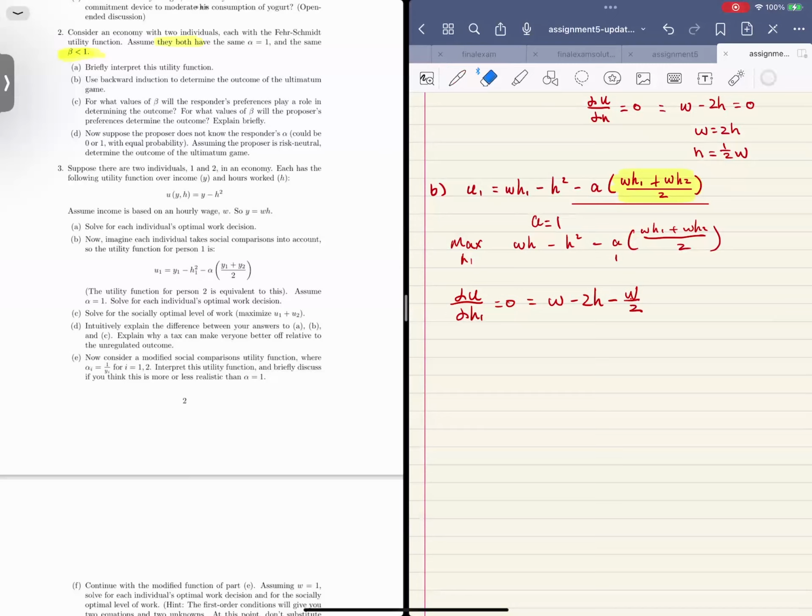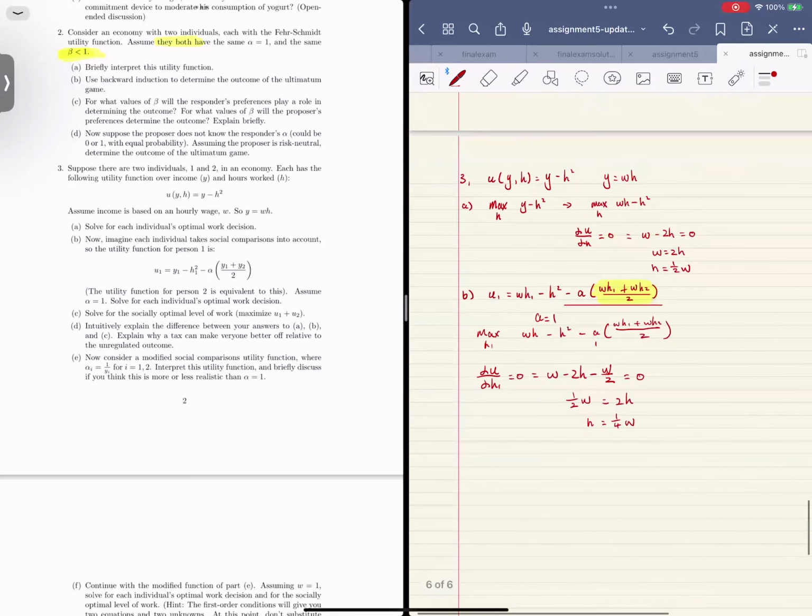We set that equal to 0. So w minus w over 2 is 1/2 w, which equals 2h. H equals 1/4 w.